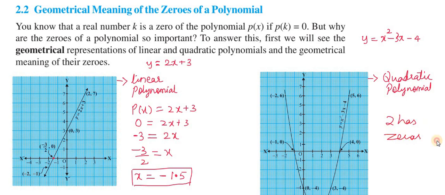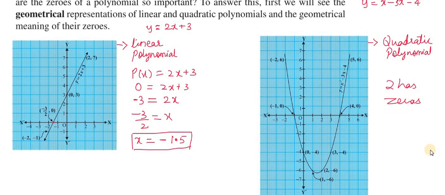Okay, so which are the zeros? By looking at the graph, can you tell? Yes, of course. It is very simple. Just look at the x-axis and where this parabola meets the x-axis. This u-shaped curve is known as a parabola.